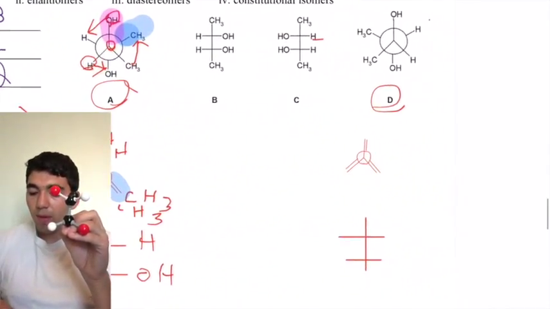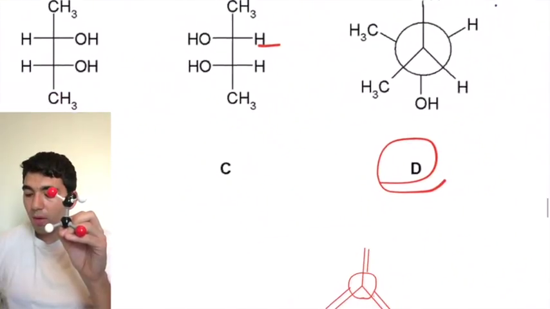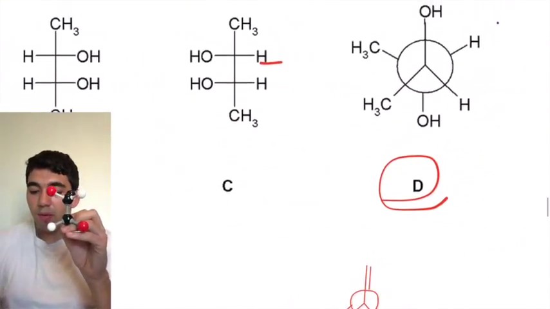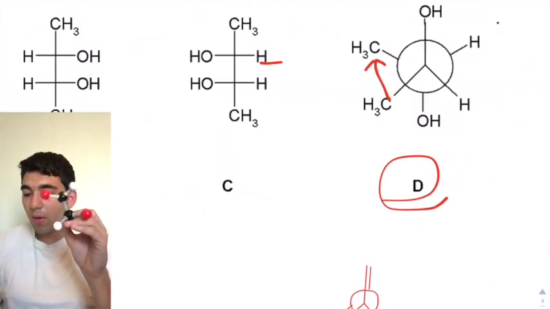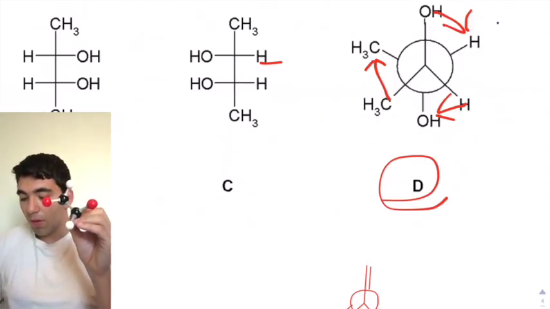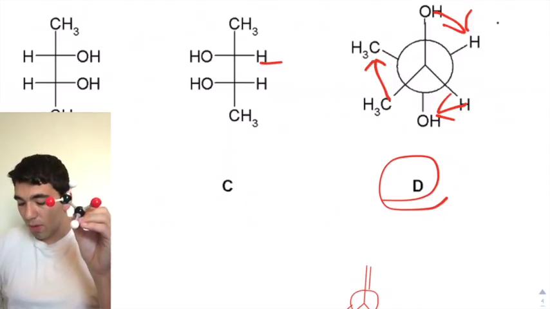If we do the same thing for this Newman projection to get into a Fisher, we'll move the carbons like last time on top of each other. That moves these over and this over. So our new Newman projection has the carbons on top of each other, just as before.